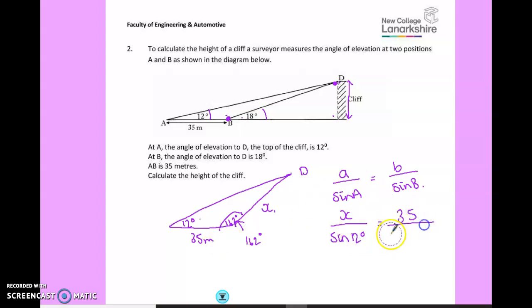because we need to use the one we've got beside, 35 over sine, and again, we don't have the correct information. I don't know what this one here is. That's 12, that's 162, so that must be 6. Here I'm dividing by sine 12, so to get x on its own, I take it over in times.